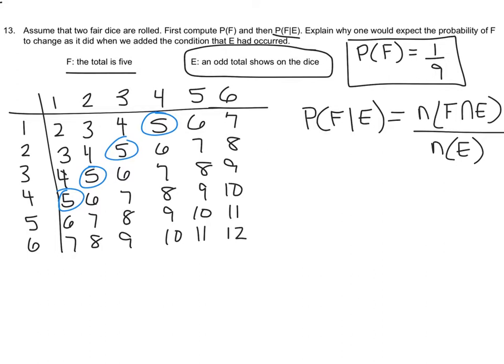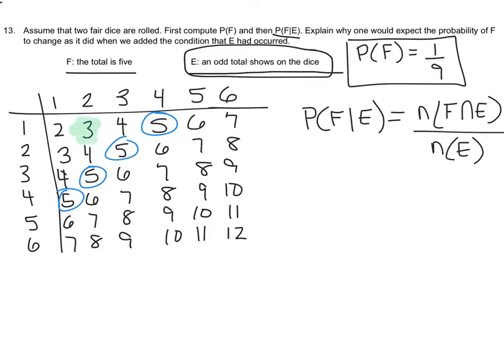First, we want to find the denominator, which is the number of times that the event E occurs. E is that an odd total is showing. So we want to count the number of times that an odd total can show. If we look at our chart, we can see all of our possible outcomes, and I'm going to highlight the odd outcomes.